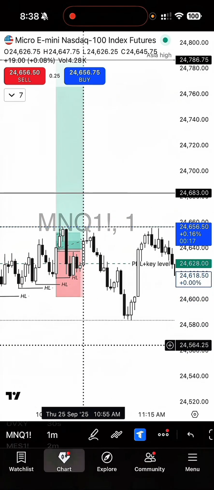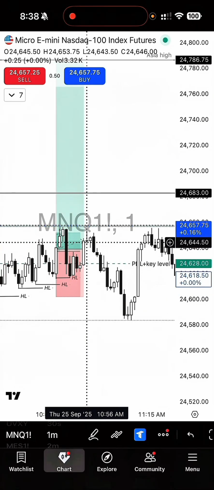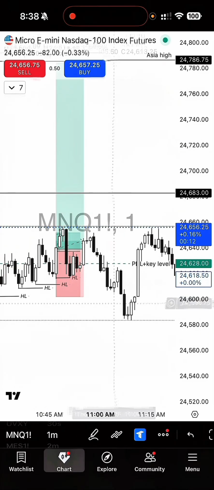But it didn't go in our favor. We just flushed and then it went back, and then this candle literally stopped me out.